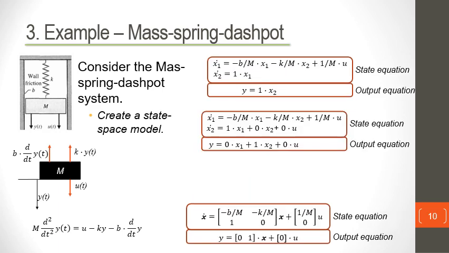Now if we move on from there, this is what I was previously talking about. It means we can translate these equations into this format, so that we have x dot is equal to ax plus bu, and the output y is equal to cx plus du.